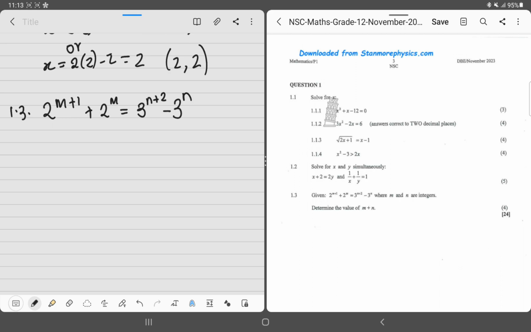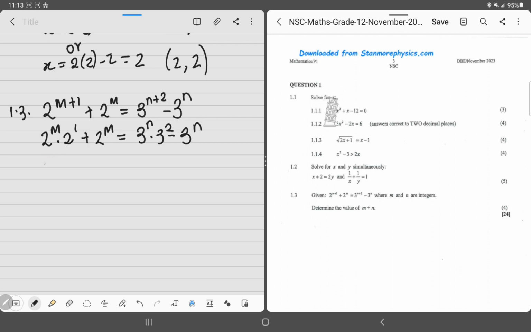So whenever we multiply powers of the same base, we add the exponents. So this means this was 2 to the exponent of 1. So when we multiply powers of the same base, we're going to add the exponents. So this is exactly like that, 2 to the exponent of m. We're going to do the same thing even this side.